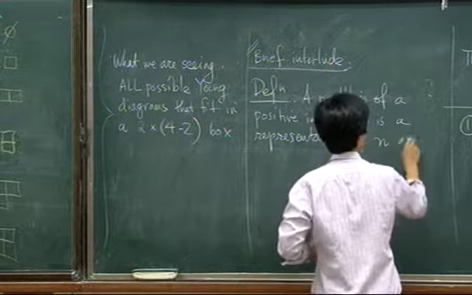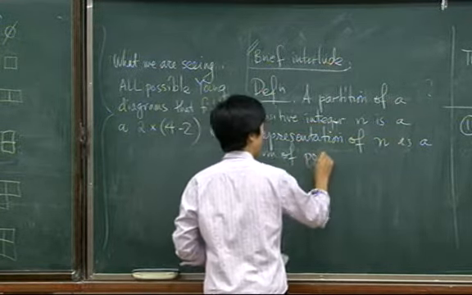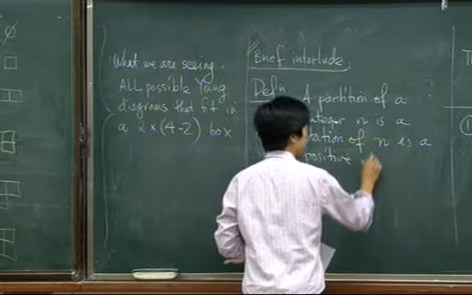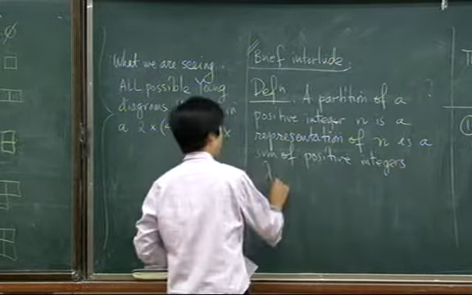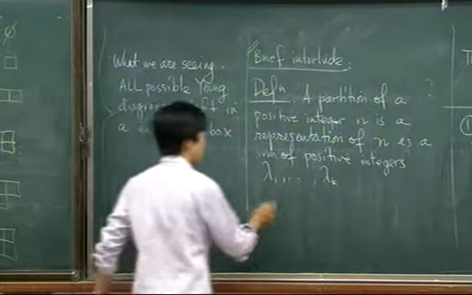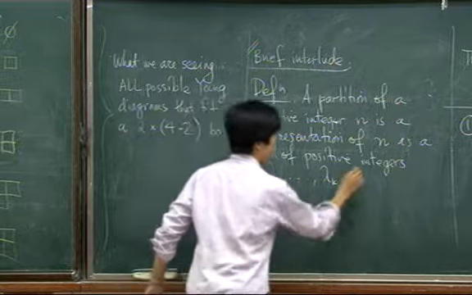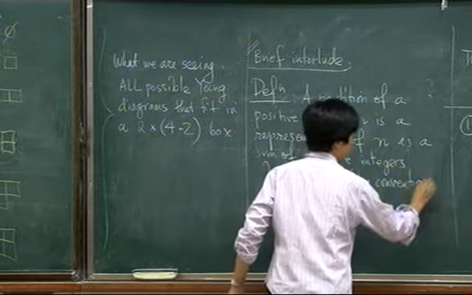As a sum of positive integers, lambda 1 out to lambda k, summing to n, and by convention you list them in decreasing order.